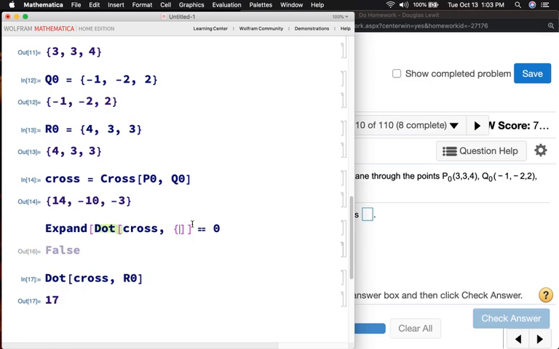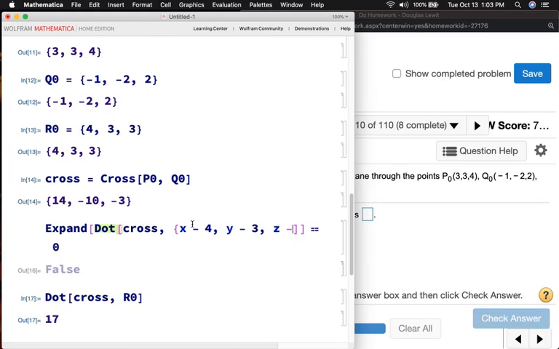So this is going to have to be x minus 4. I'm looking at the R0 vector. y minus 3, z minus 3. Where x, y, and z are the three elements of a point in the plane. Okay, that makes a lot more sense.